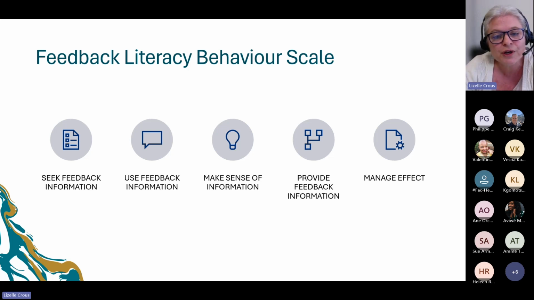It is important to note that the second, third, fourth, and fifth ones are what we were talking about last week, and that I was mentioning in the beginning as well. But the additional one that might be missing, that we are not always providing opportunities for students, is to give them the opportunity to seek feedback information.